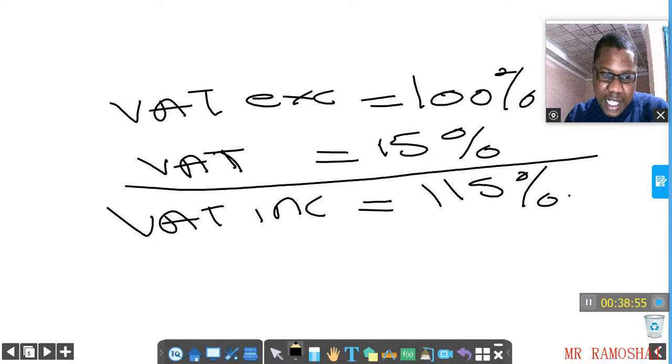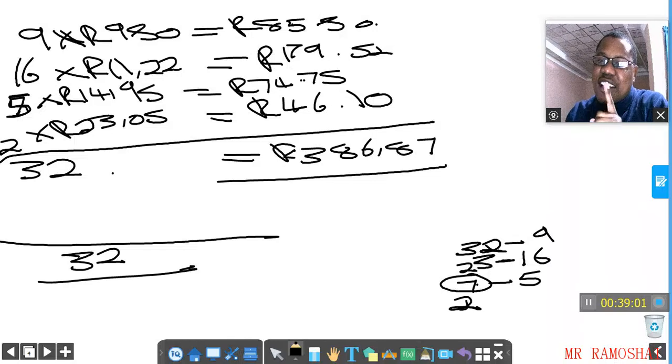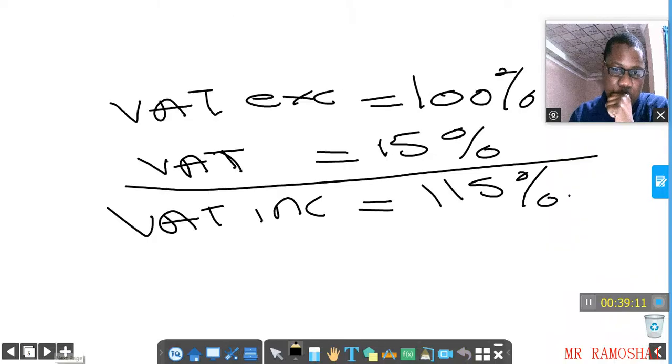So this total here is 100%, which is a VAT exclusive. So we want to include the VAT in this amount. Are we clear? So let me show you the rules, guys. Whatever you are looking for, you put it on top when you multiply.